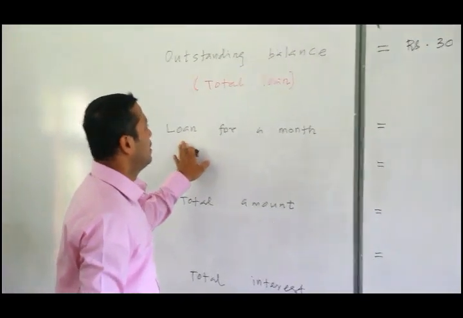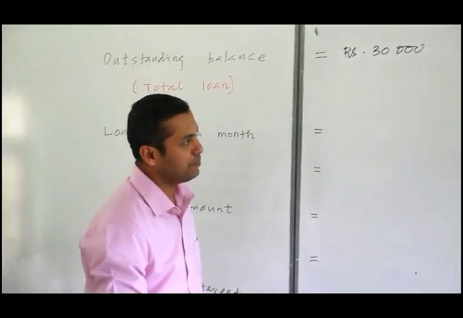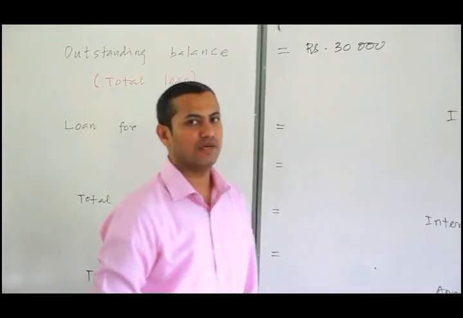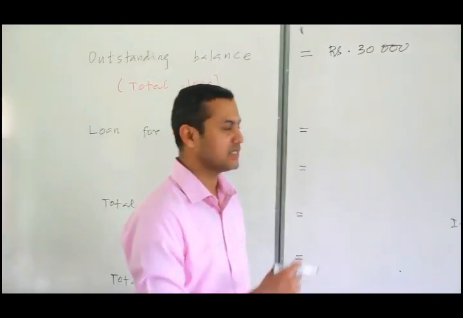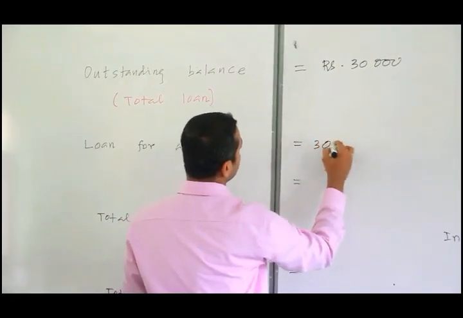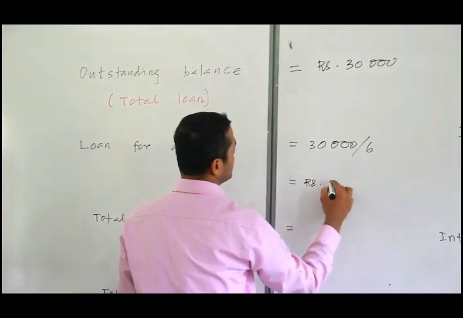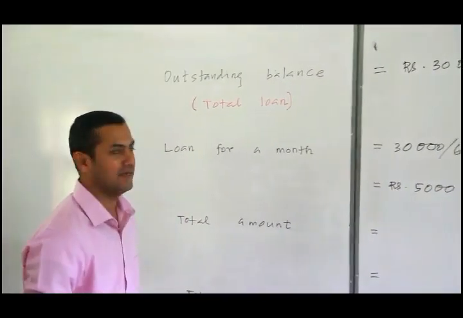But for the loan for a month, this 30,000 must be paid in how many months? 6 monthly installments, right? Not equal monthly installments. Then we divide 30,000 by 6. Then you will end up with rupees 5,000. That is the loan for a month.